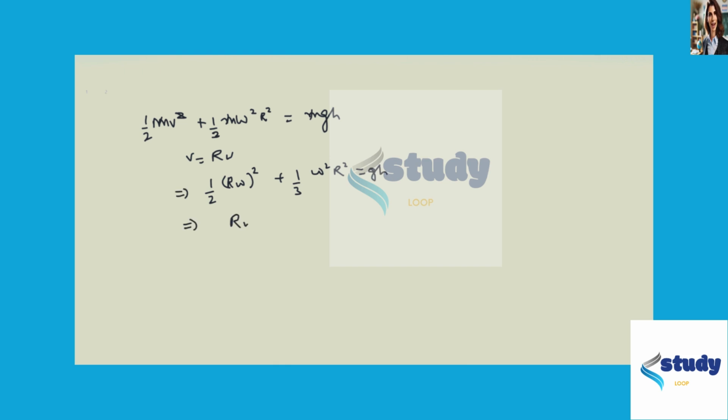This gives us r omega equals the square root of 6gh over 5, which is equal to v.